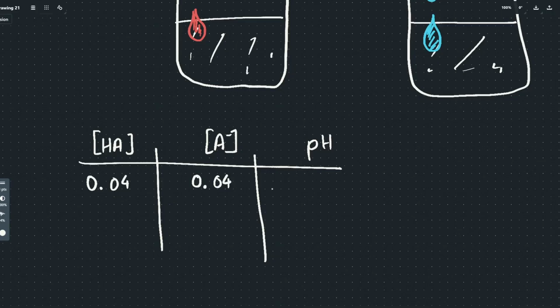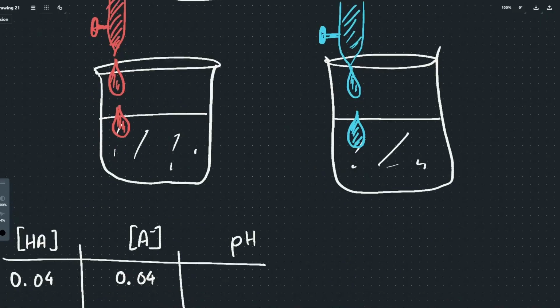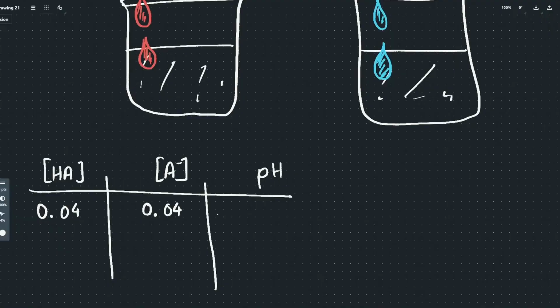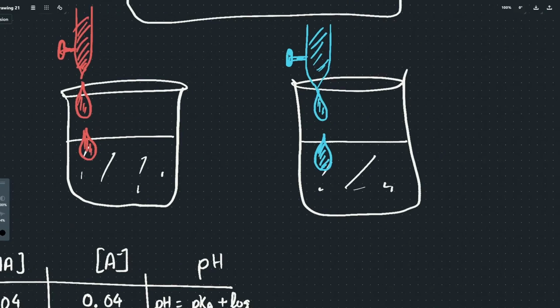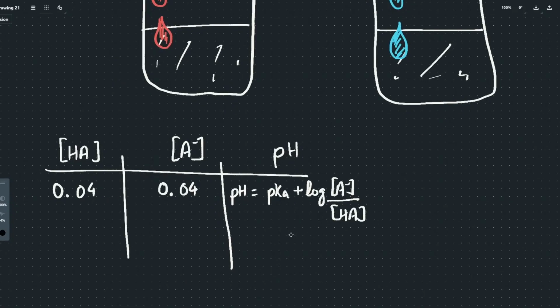To calculate the pH, we know this equation. So if we put it in this equation, pH is equal to pKa plus log A negative over HA. Now let's put the value.